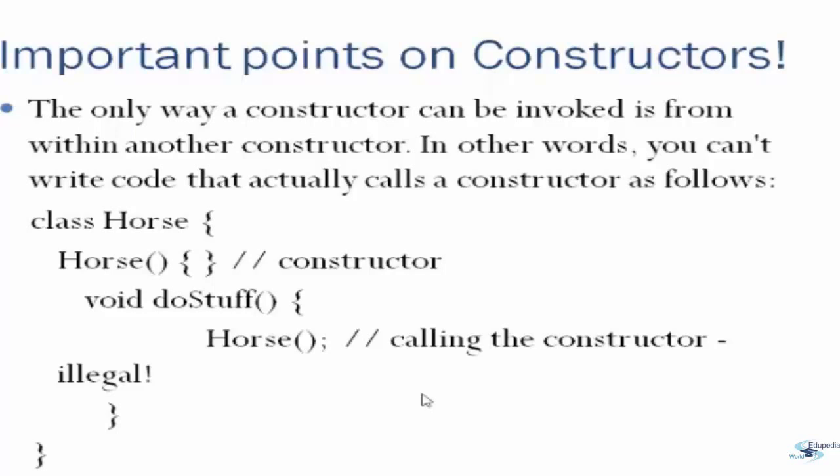One is when you create an object, and the other is that you cannot actually write any code to just call a constructor. This code shows a class Horse and a constructor. Then there's a method in it, void doStuff, and it is trying to call the constructor from that method, which is illegal. So a constructor will only be called when we create an object of that class.